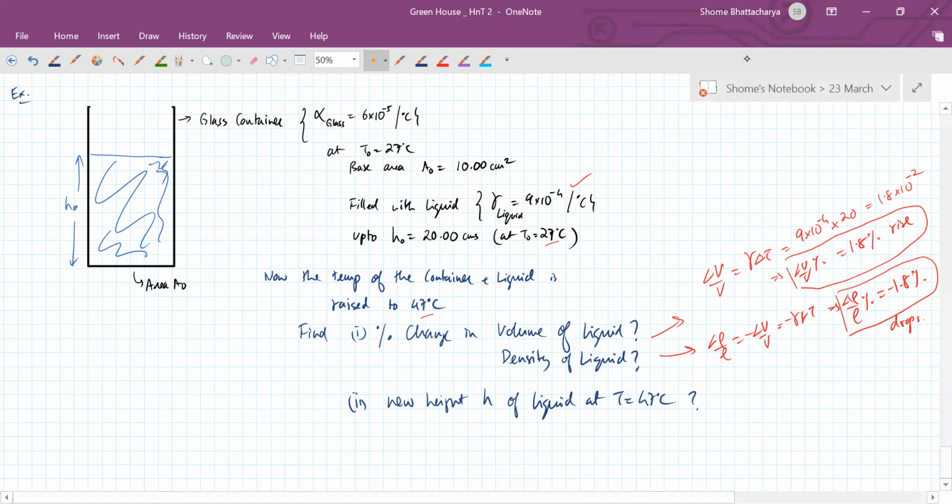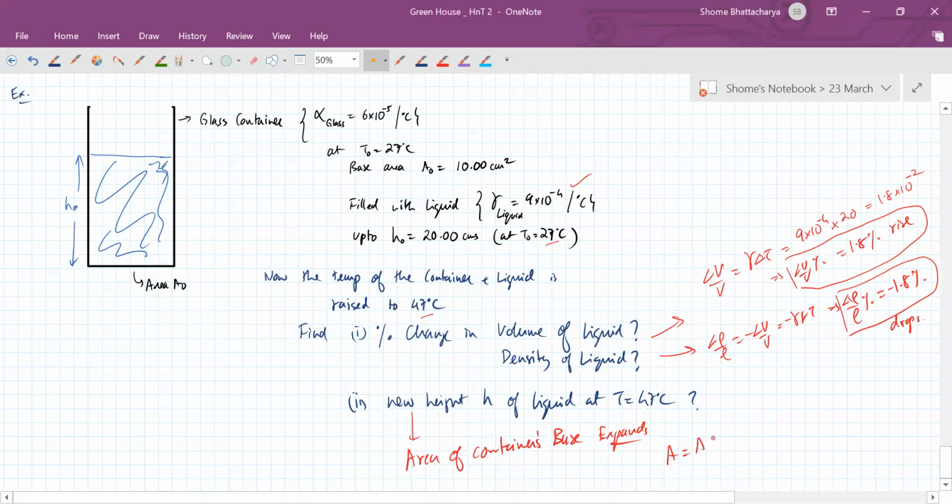Now for the second part, what you have to understand is that the area expands. Yes, Vashisht, that's correct. Very good. For the second part, the area of the container's base expands.